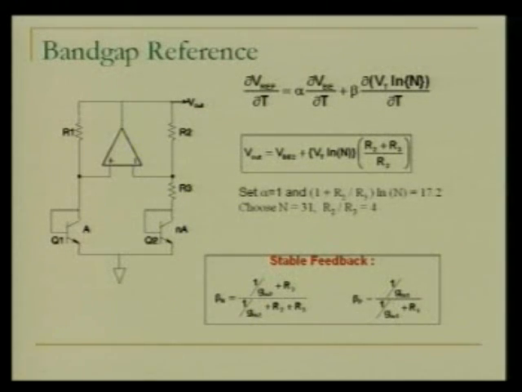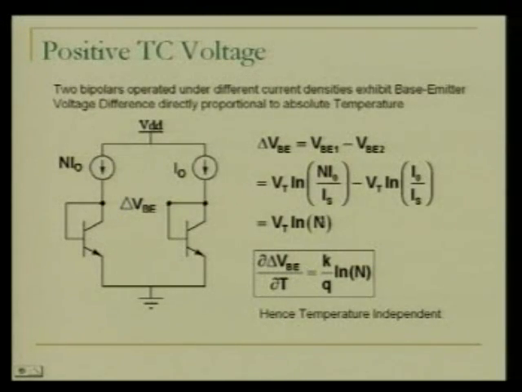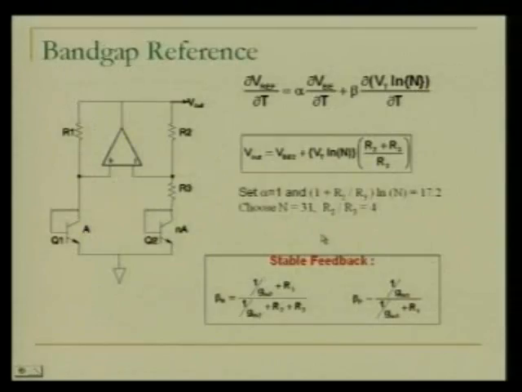From this circuit you can find the current flowing through this path, that is, what is the voltage difference from here. The voltage difference is Vt ln n here, that appears here. So the current flows through, that is Vt ln n divided by R3.